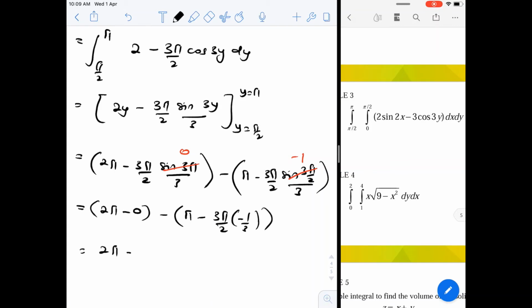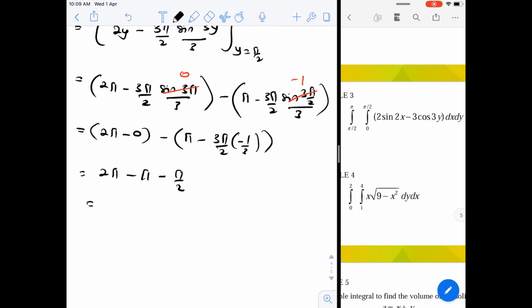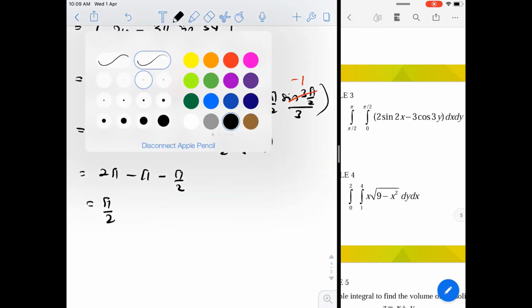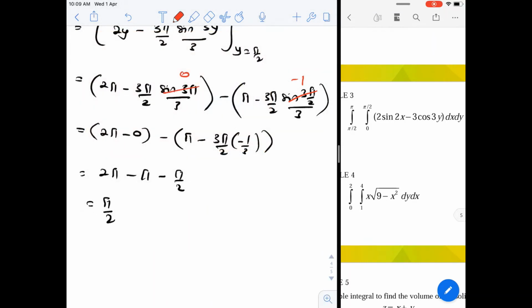So we get 2 pi minus pi, negative plus and negative again. So we have minus plus, so minus pi over 2, so pi minus pi over 2 becomes pi over 2. That's it, done.